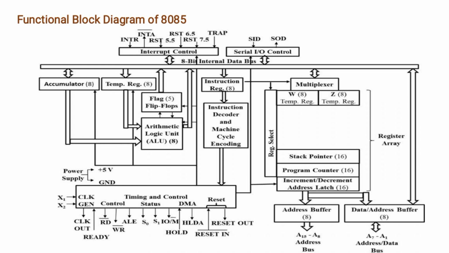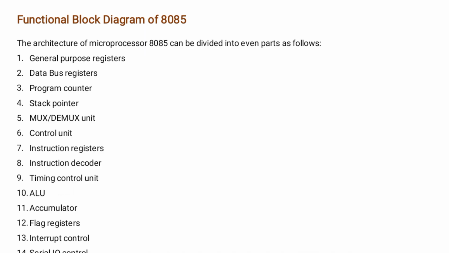The architecture of the 8085 microprocessor can be divided into general purpose registers, data bus registers, program counter, stack pointer, MUX or DMUX unit, control unit, instruction register, instruction decoder, timing control unit, ALU, accumulator, flag registers, interrupt control, and serial input output control. Now we discuss all of these one by one.